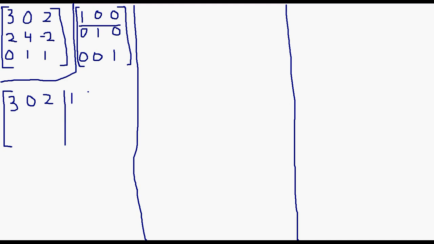So 1 0 0 and then 2 4 negative 2 and then 0 1 0 and then 0 1 1 then 0 0 1.